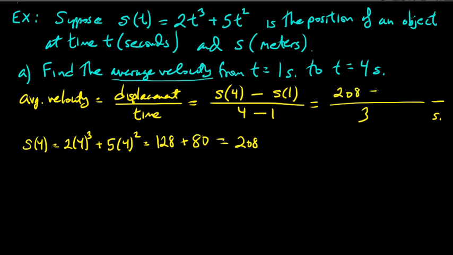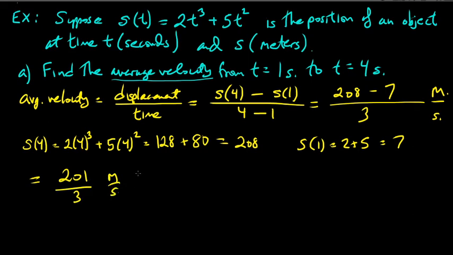So that's s of 4. Minus s of 1, we can do that in our heads. That's just 2 plus 5, which is 7. So 208 minus 7 for the numerator, in meters, so 201 divided by 3 meters per second. And I get 67. Turns out to be exactly 67 meters per second. Okay, so that's the average velocity.